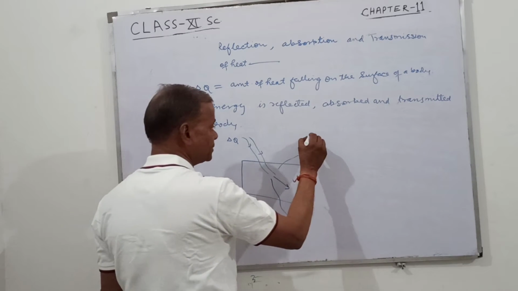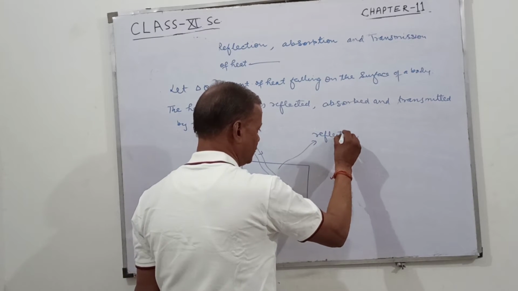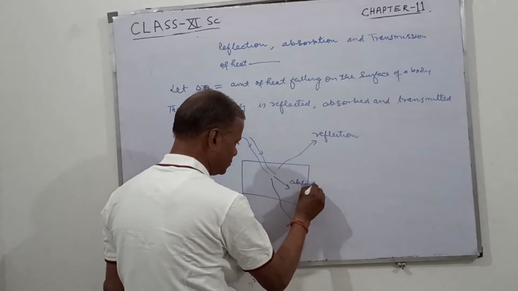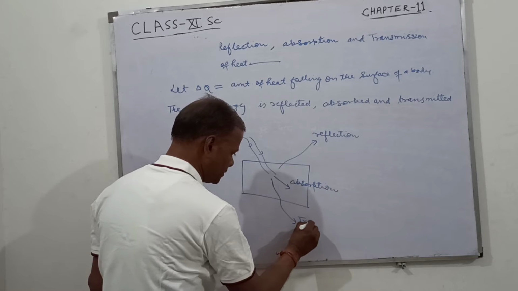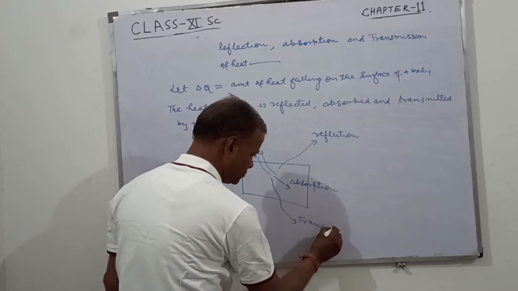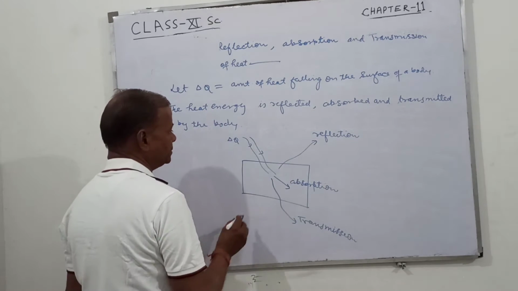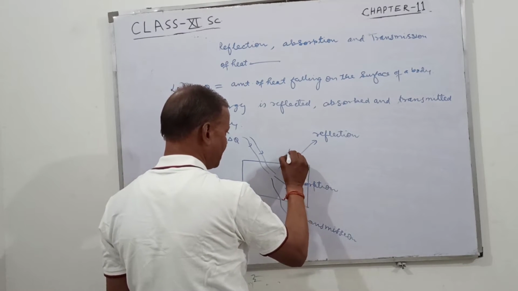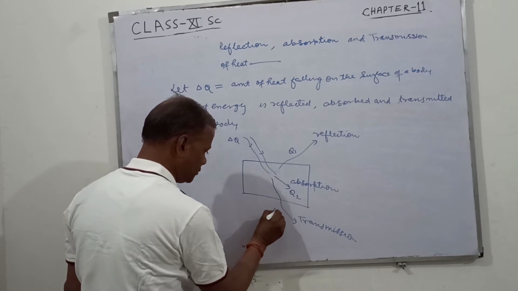So this is the reflection, this is the absorption, and this is the transmission. Let this amount be Q1, this amount be Q2, and this amount be Q3.